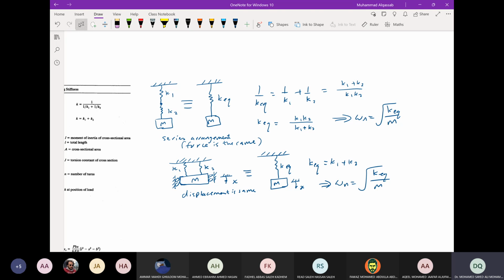This way is taking this system into a model, so that with the model we know what the natural frequency is. But if you keep it this way and work on the equation of motion, you will derive the same thing at the end.